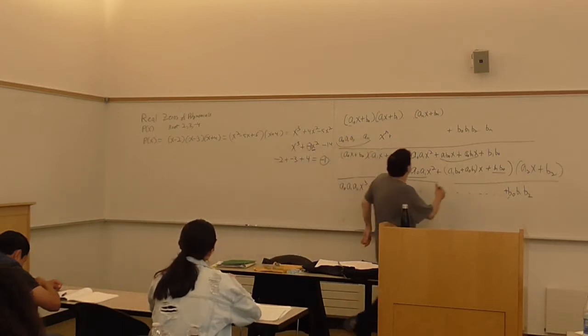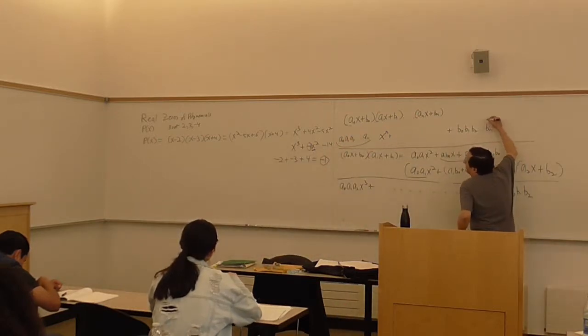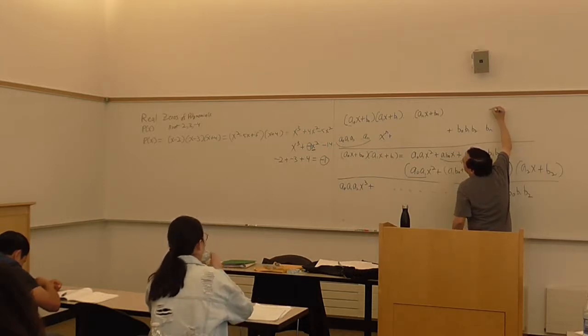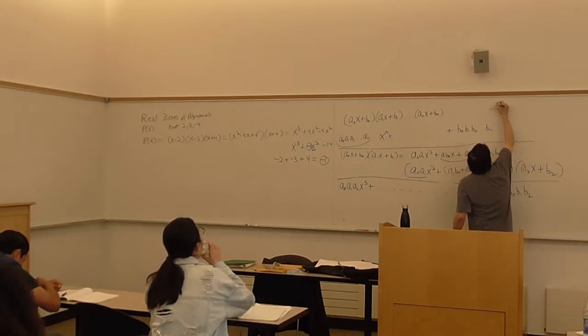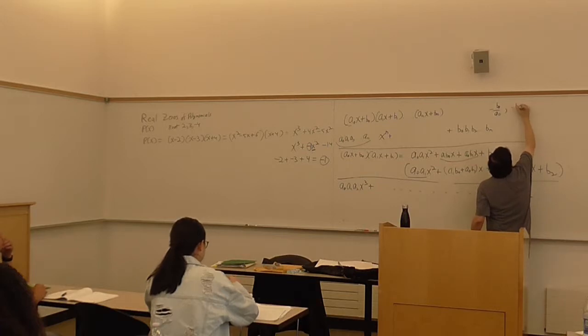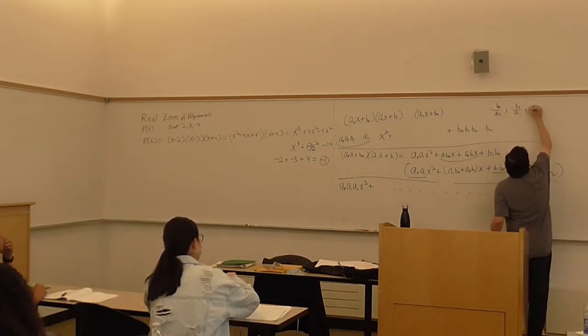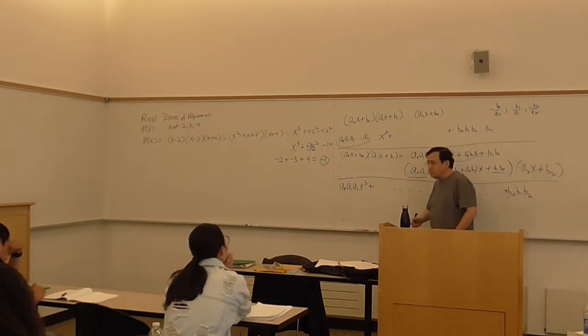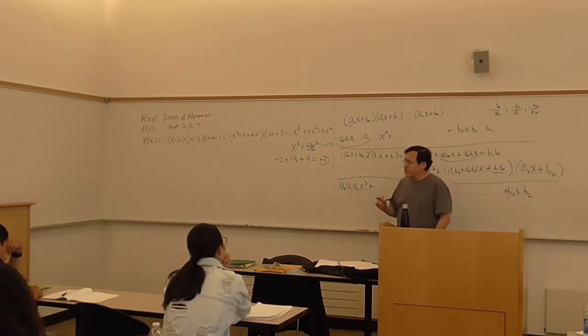Well, the roots here happen to be negative B0 over A0, negative B1 over A1, negative B2 over A2, and so forth, assuming they're rational.